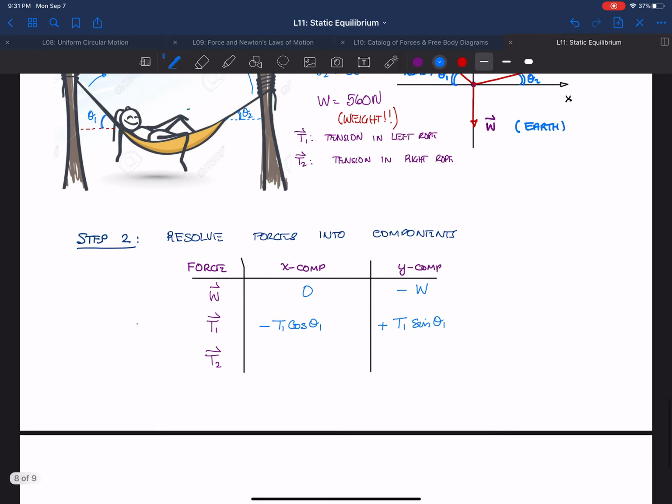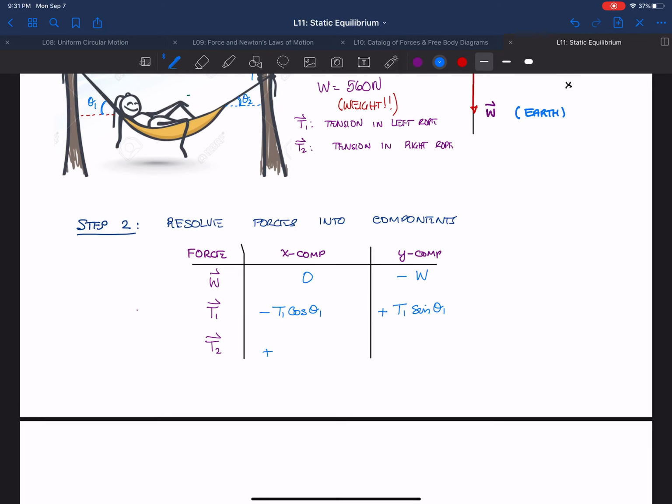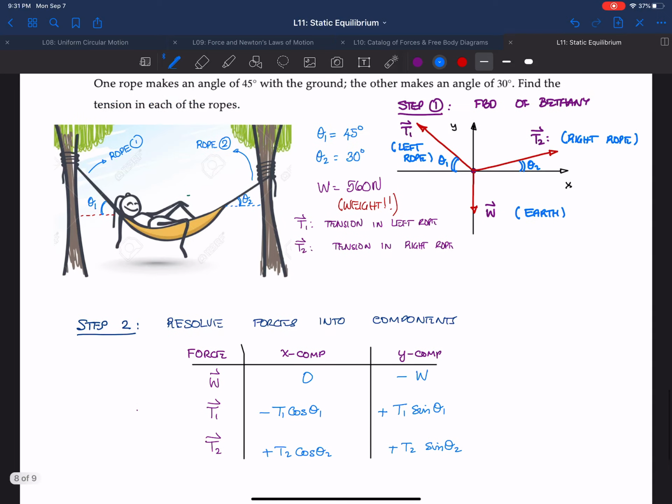T2 is going to be, again, plus T2 cosine theta 2 and plus T2 sine theta 2. Again, notice I'm just looking at this sketch and writing out the components, and that's what I meant earlier when I said you've got to be really comfortable resolving vectors into components, because this is just one intermediate step in the larger problem.